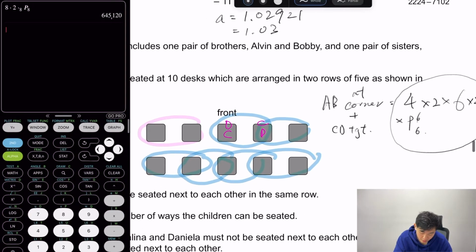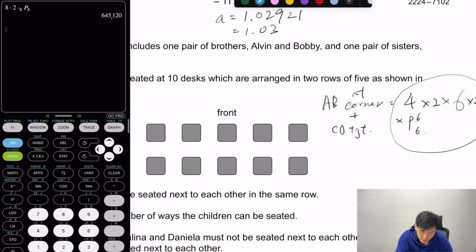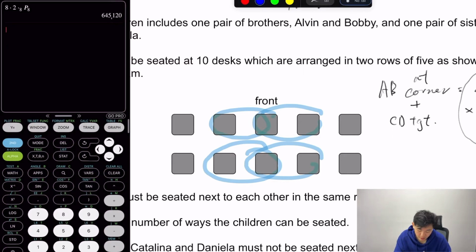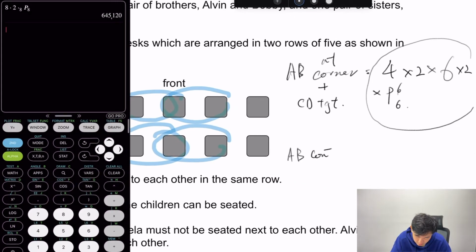Now, in another case, what happens if AB, the brothers, are seated not at the corner but here? There are 1, 2, 3, 4, 4 ways. Let me write it out first: A, B at the center seat, and then C, D seated together.